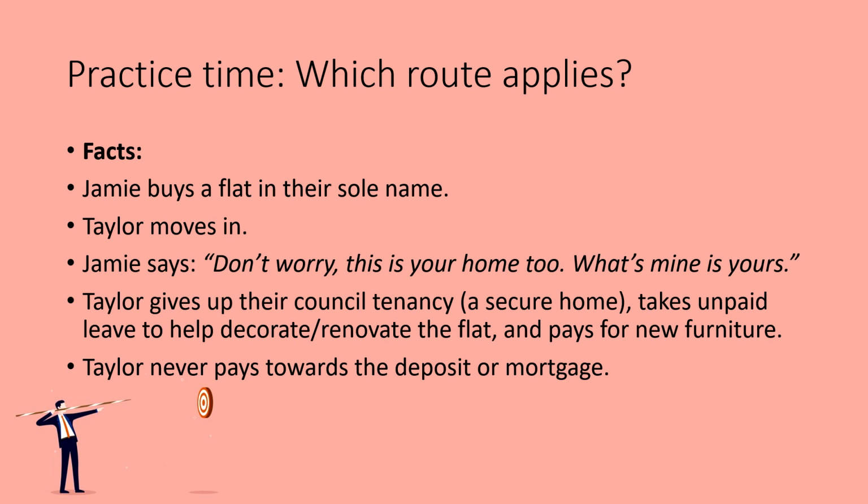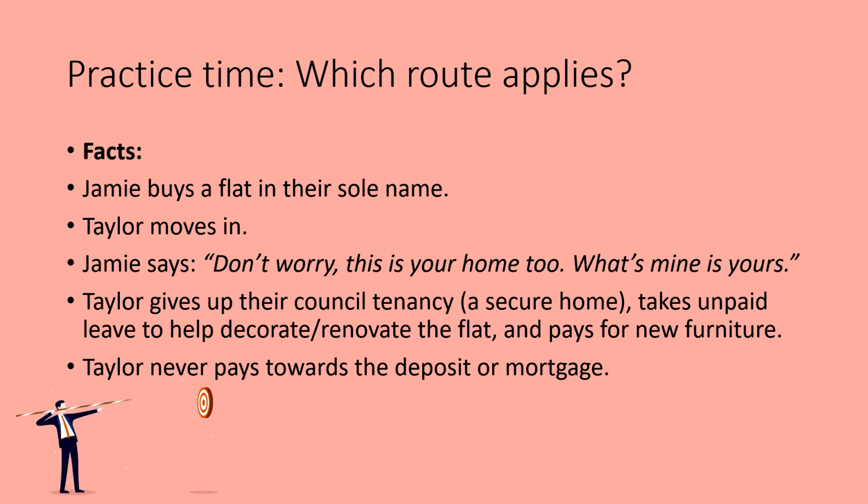What's mine is yours. And so Taylor gives up their council tenancy and makes some contributions, but only smaller contributions, really, like with the decoration, renovation, paying for some new furniture they need now that they both live in there.